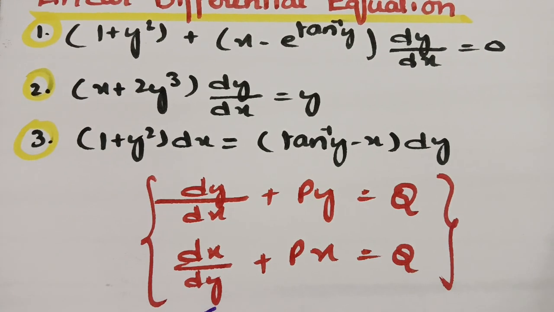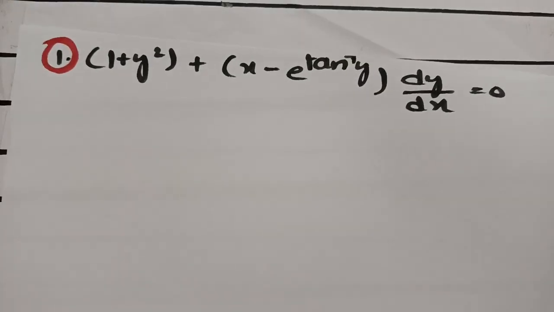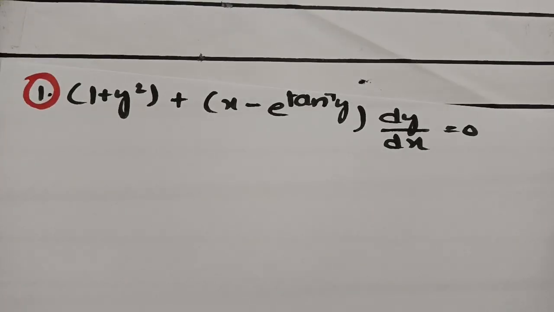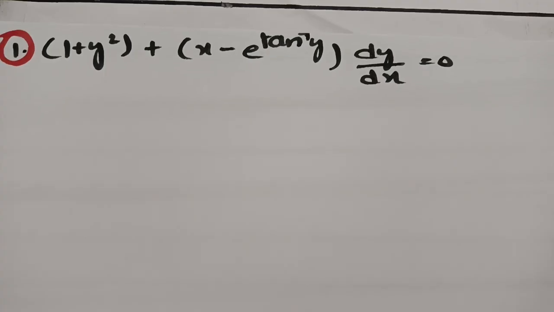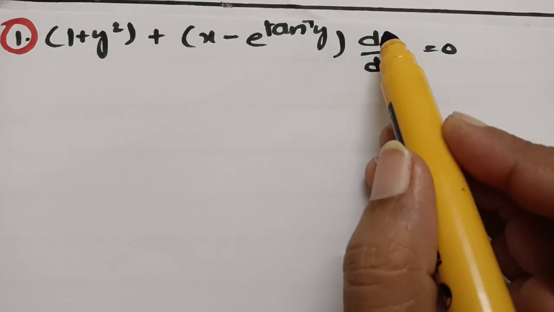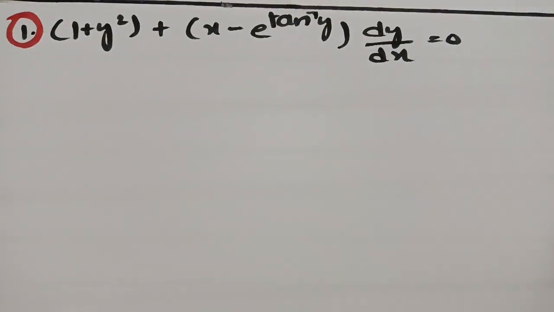The first question is (1 plus y square) plus (x minus e power tan inverse of y) into dy by dx is equal to 0. This is a very important question, and let me explain. Whenever there is dy by dx, you have to identify whether it's a linear differential equation.